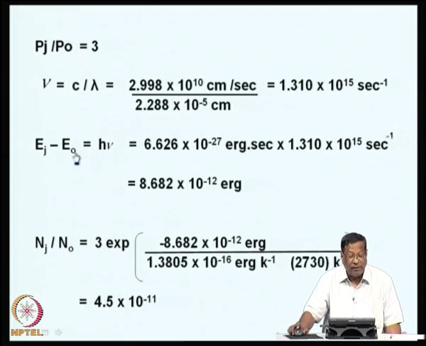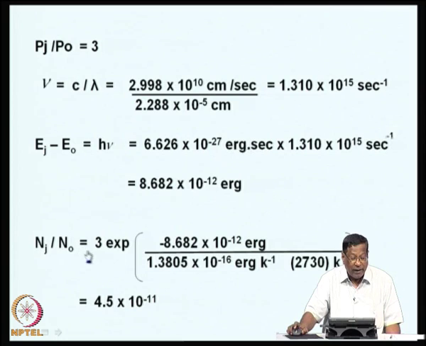Now, Ej minus E0 we can calculate, the energy difference that corresponds to h nu, and we know the frequency from the previous expression. We know Planck's constant, multiply these two, you will get 6.626 into 10 raised to minus 27 erg seconds multiplied by 1.310 into 10 raised to 15 per second, that is frequency. Now, this gives you approximately 8.682 into 10 raised to minus 12 ergs.